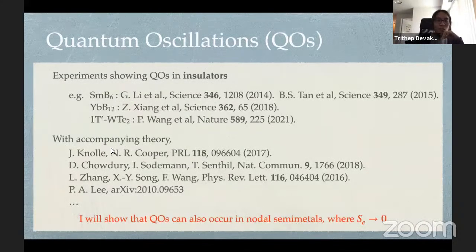And of course, with experiment, you also have the accompanying theory that attempts to explain these oscillations. So this is in insulators. What I'm going to tell you about today is a mechanism by which quantum oscillations can also occur in nodal semimetals, where this Fermi surface area goes to 0, and you have point-like Fermi surfaces.